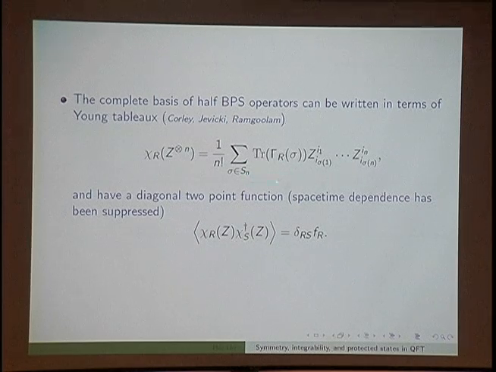And the trace is the character of sigma in the representation R. And this is a sum over all the elements. And in the free theory, this operator has a diagonalized two-point function, where fR is the product of weights of the Young diagram R. And R is an irreducible representation of the symmetric group Sn.